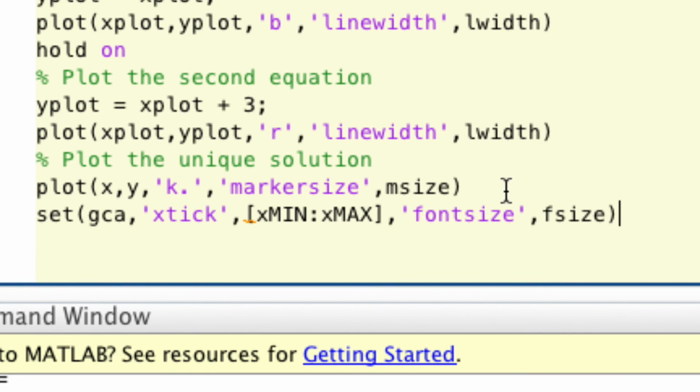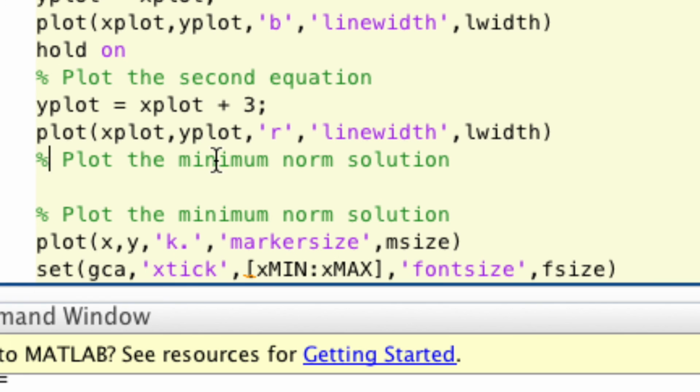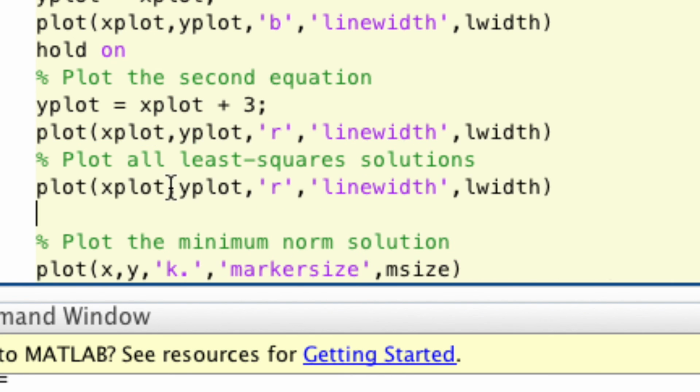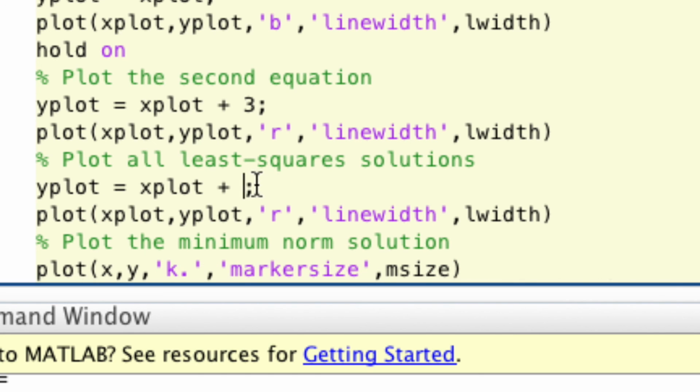Let's put here one extra line, plot all least square solutions. I think this will do the trick.